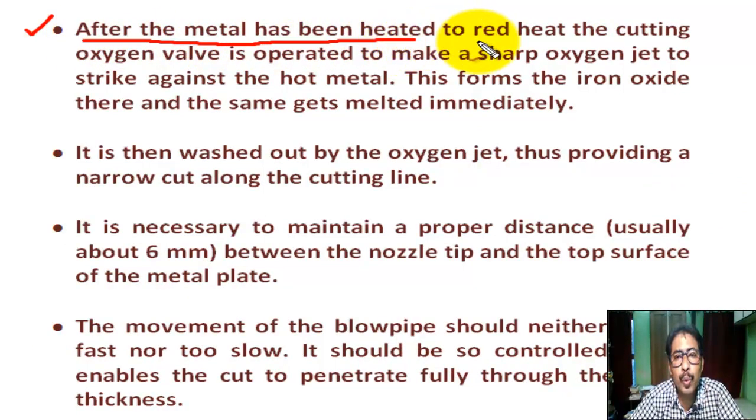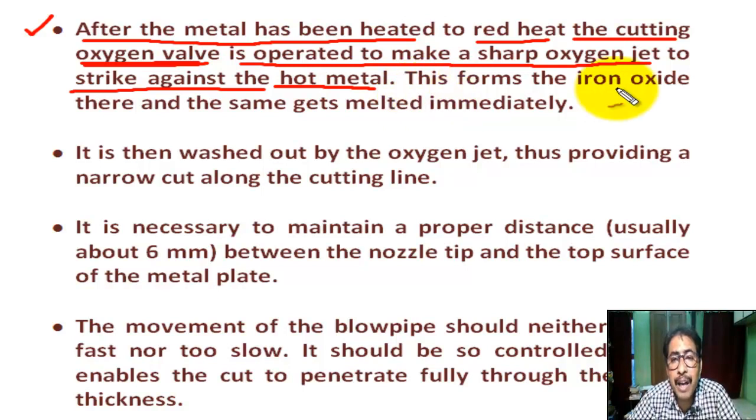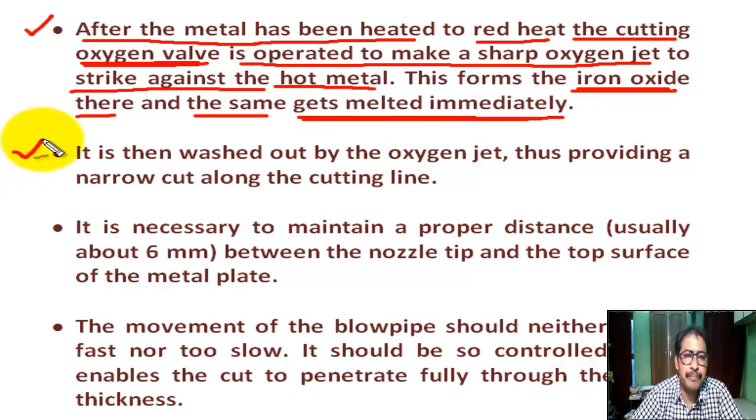After the metal has been heated to red heat, the cutting oxygen valve, the special pipe, is operated to make a sharp oxygen jet strike against the hot metal. This forms iron oxide, and the iron oxide gets melted immediately.